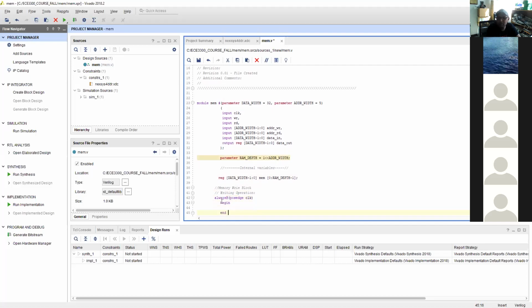I don't need a reset, by the way. You know why? Because if I make a reset, that means I'm gonna make it a hill of resistors. They're gonna be a big combinational circuit, which is gonna be really costly. So here I would say, in the beginning, I can make a name to be more clear. I'm writing, so I would say if write happen, then mem address write will be equivalent to data. That's it.